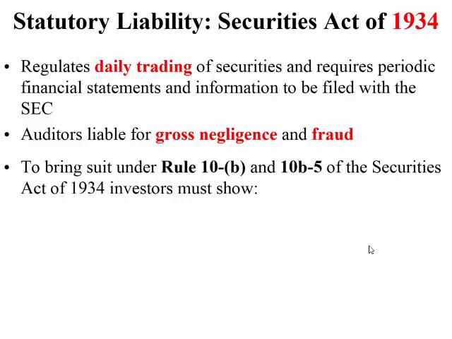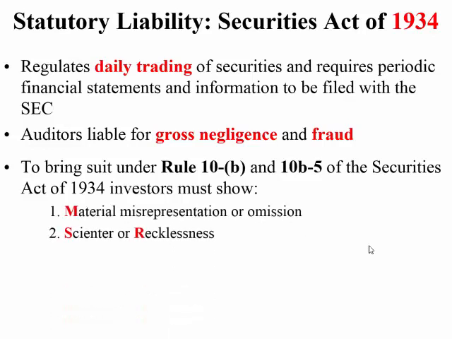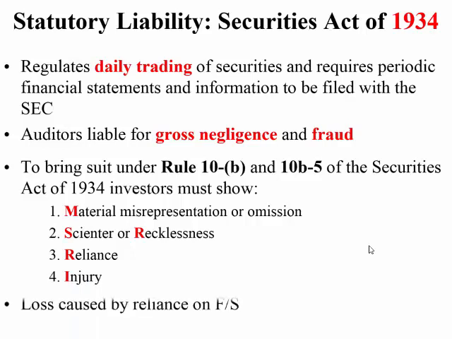And because it's dealing with gross negligence and fraud, you already know what they need to prove. It's material misrepresentation or omission, scienter or recklessness, depending on what level of negligence they're bringing the suit, and reliance and injury. So the same things that we've already learned.